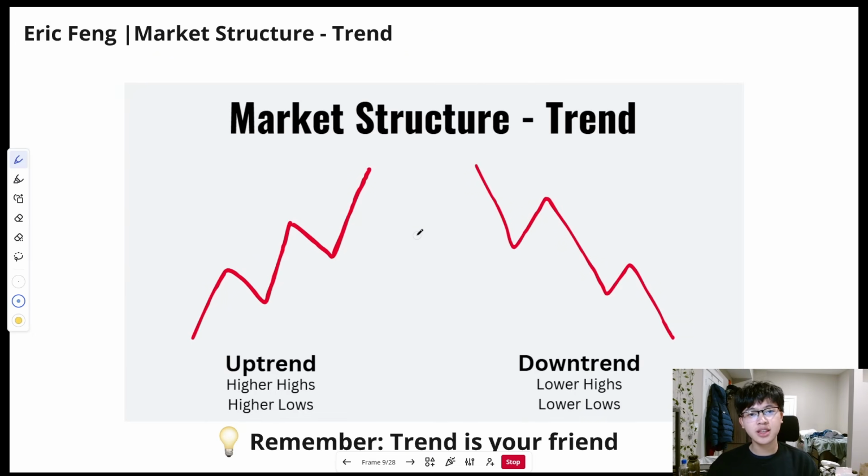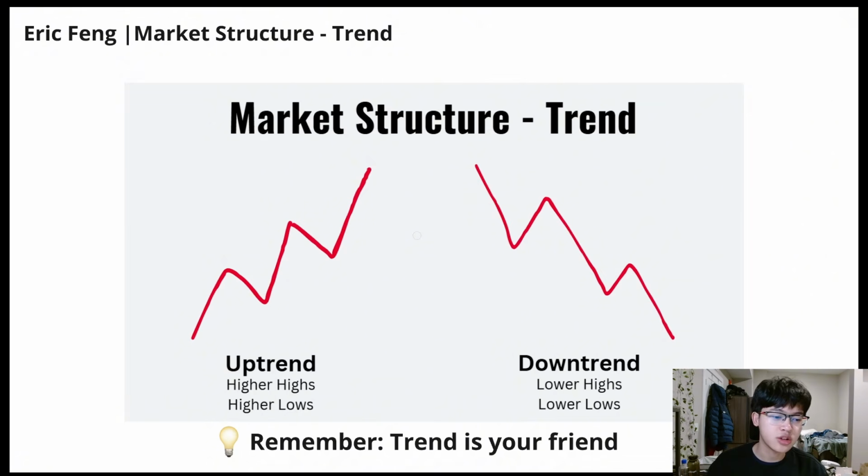The reason I say this is because whether you enter on the pullback or the break, any time you get some sort of uptrend, you're always going to miss out on one or the other. You can't always get the best possible entry. Sometimes the pullback will fail, but the break works. But then sometimes the break works, but the pullback fails. And if you switch around, that's not good for you. You want to stick to one way of entering. So for me, I like to enter on the breaks.